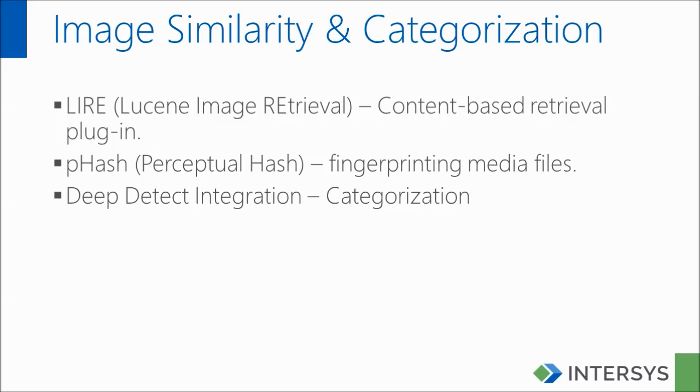So there's this Lyra plugin, and it's really a Lucene plugin that allows you to do content-based retrieval on image data. And what you do is you pass in an image as your search criteria, the actual binary image data, and it goes out and finds images that are similar to that.